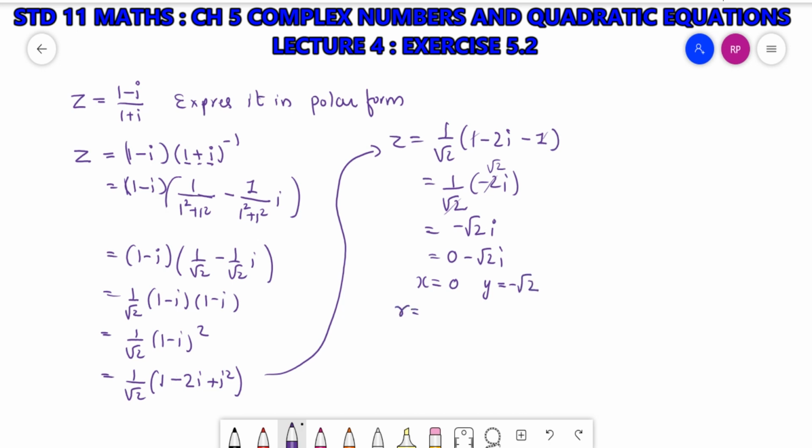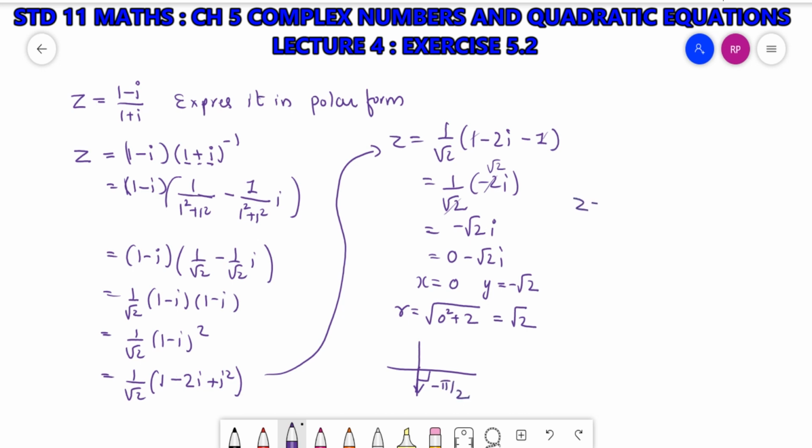So modulus, under root of 0 square plus 1 square, that is 1. For theta, we know that x is 0 and y is minus, so this is the angle, it's minus pi by 2.